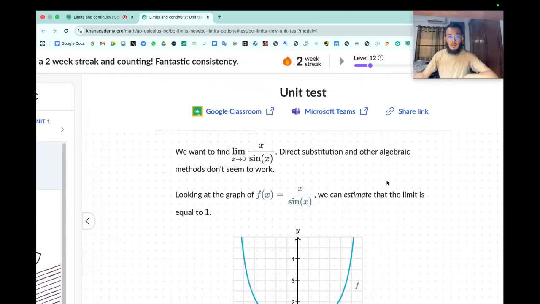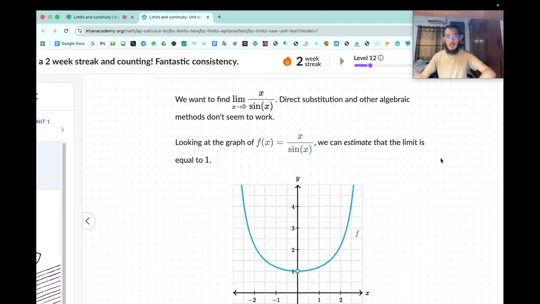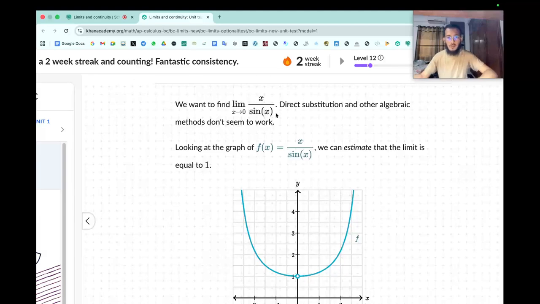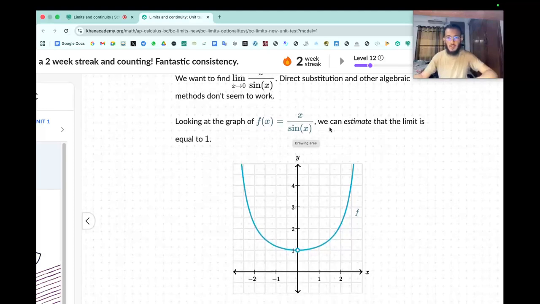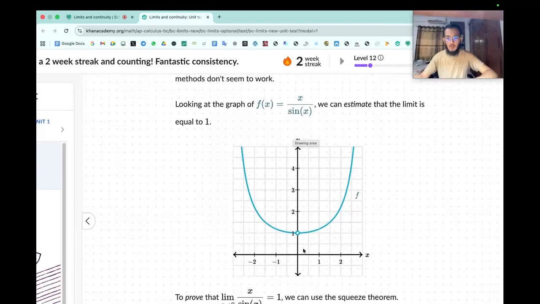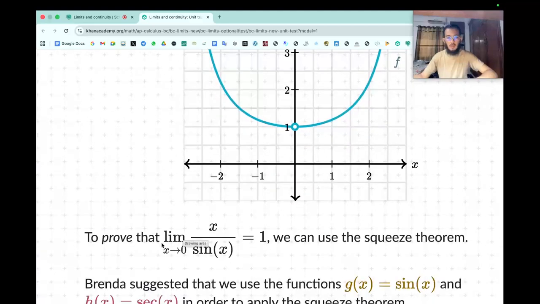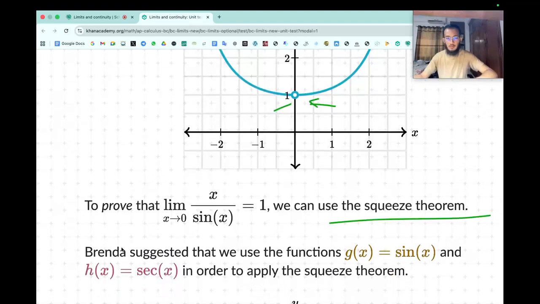Okay, next question. We want to find the limit of this expression as x tends to 0. Direct substitution or other algebraic methods don't seem to work. Look at the graph of f(x) equals x over sin x. We can estimate that the limit is equal to 1. To prove that the limit of this function as x tends to 0 is 1, we use the squeeze theorem.